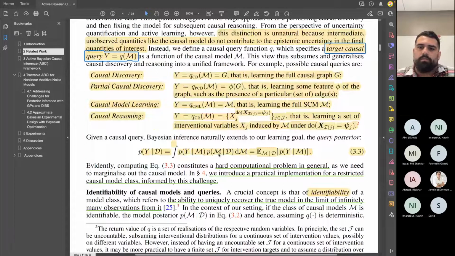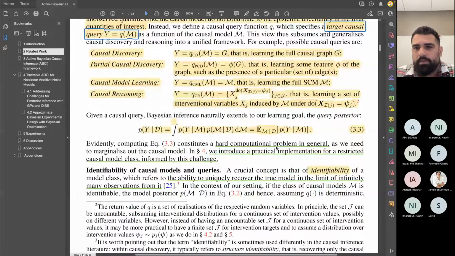But after the causal query is performed, they update their Gaussian process, and it extends to their next learning goal, which is the query posterior.